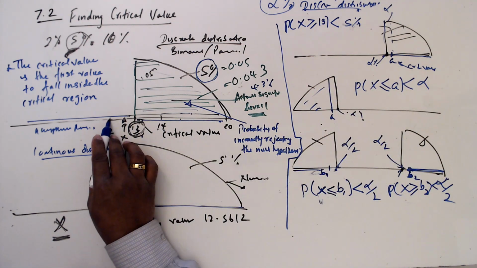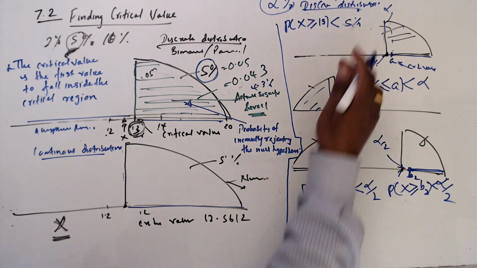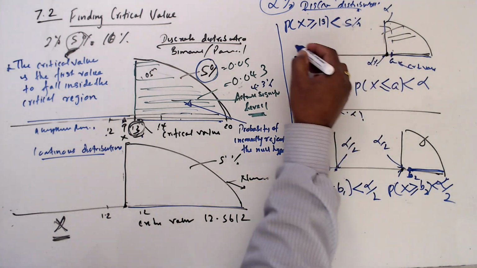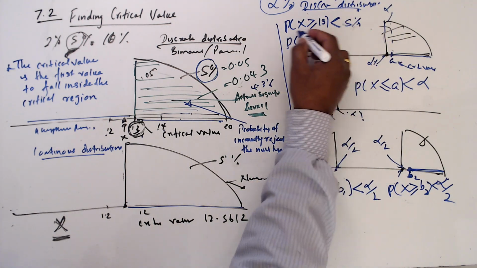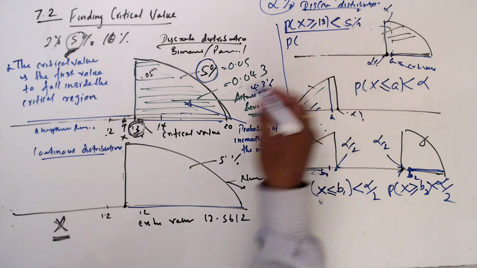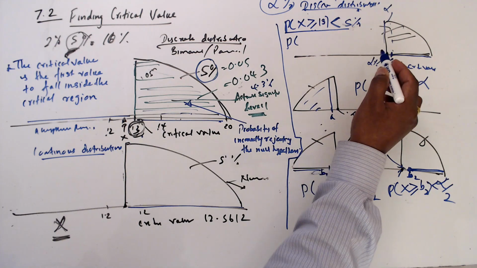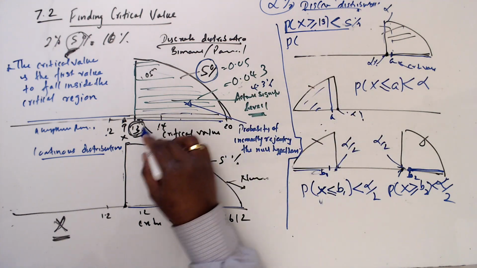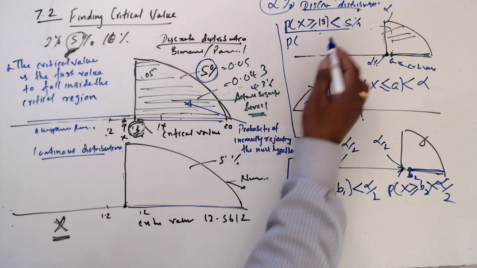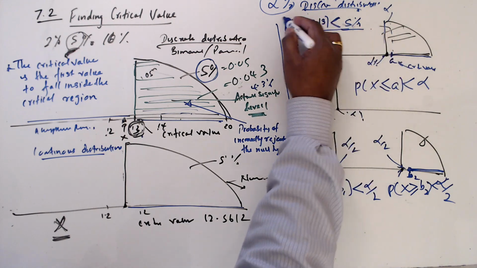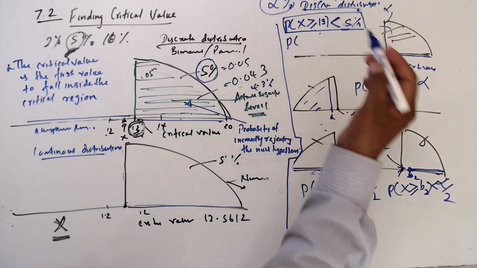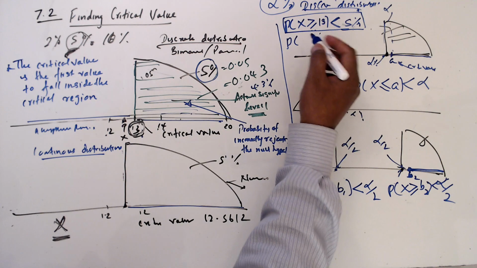If we take 12, yeah, definitely it is. Now what we are checking here is, according to this one I wrote the rejection region, probability of x greater than or equal to 13. So that's in writing, this is how we show this one.